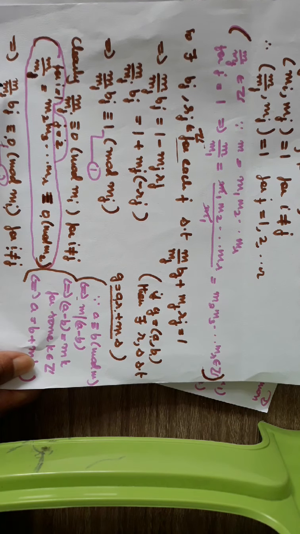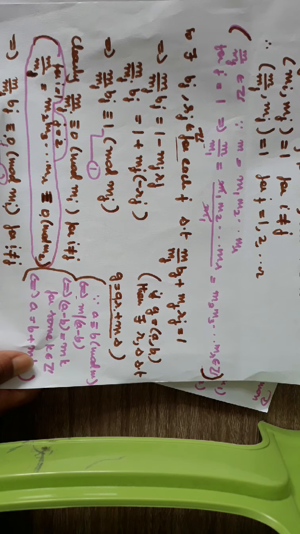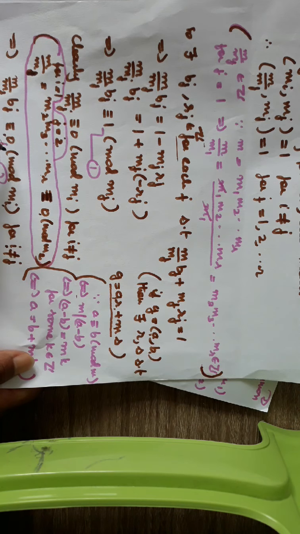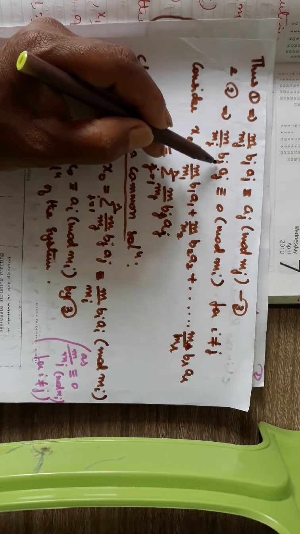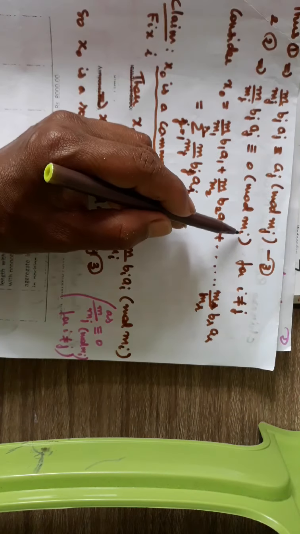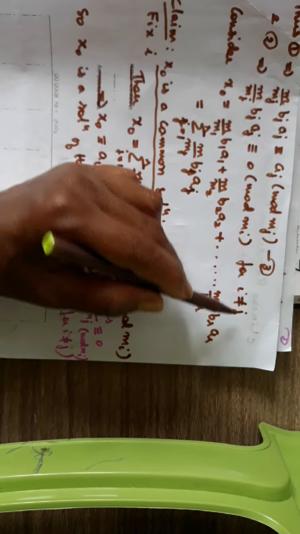Similarly, equation 2, you multiply it by aj. So M by Mj into bj into aj will be congruent to 0, because anything multiplied by 0 becomes 0. So therefore 2 implies M by Mj into bj aj is congruent to 0 mod Mi for i distinct from j.